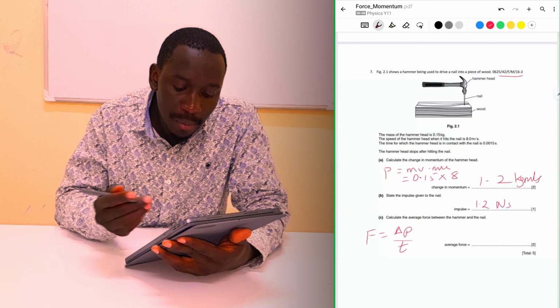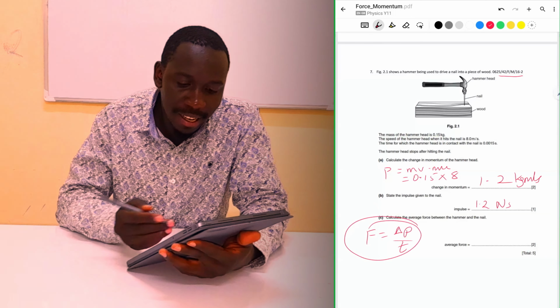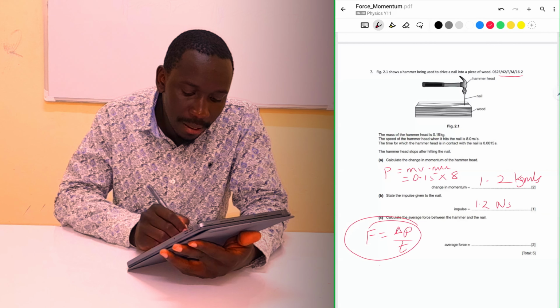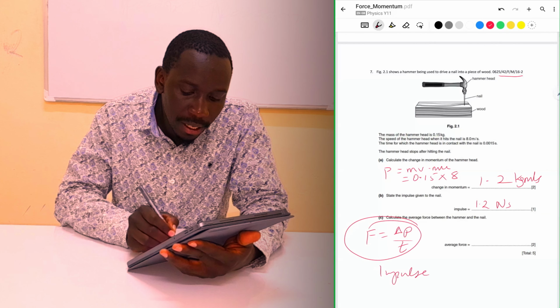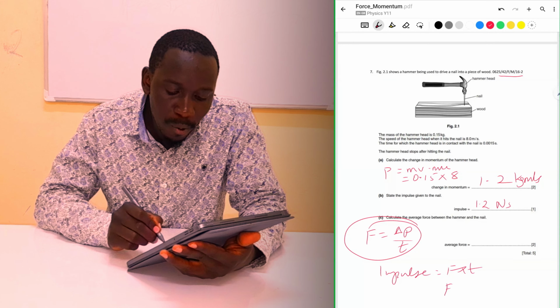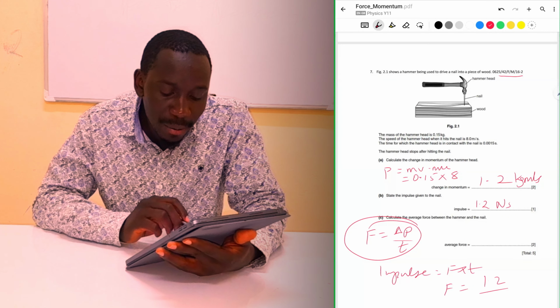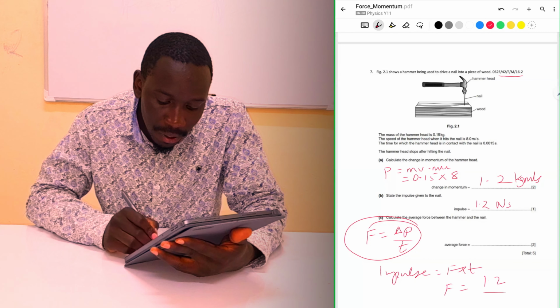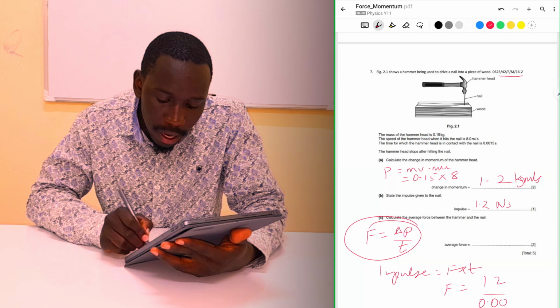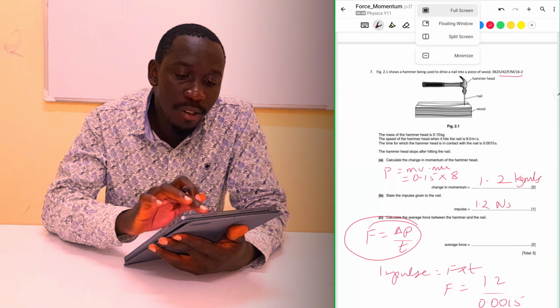Because we have part B, which is impulse, we know that impulse is force times time. That means that force will be equal to impulse divided by time, which is 1.2 divided by time, and time is 0.0015.